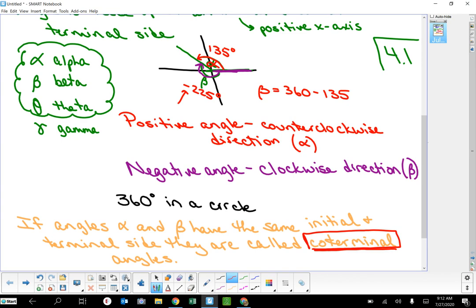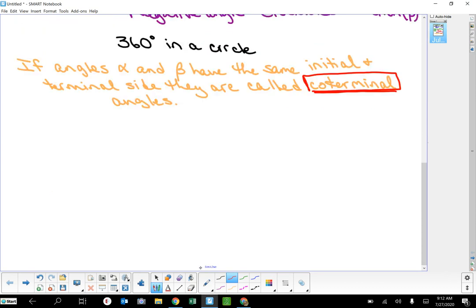Also be aware that if you're on a coordinate plane, these things can keep rotating, right? If you start here on the x-axis and you go around one time, that would be 360 degrees. But if you go around another time, that would be 720 degrees.